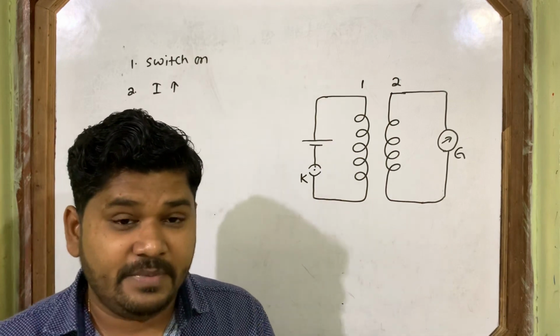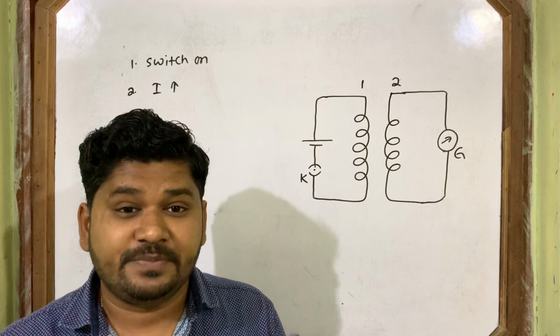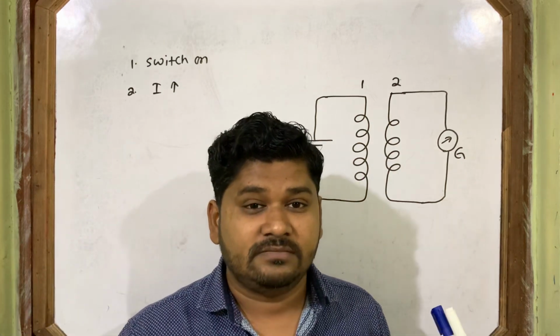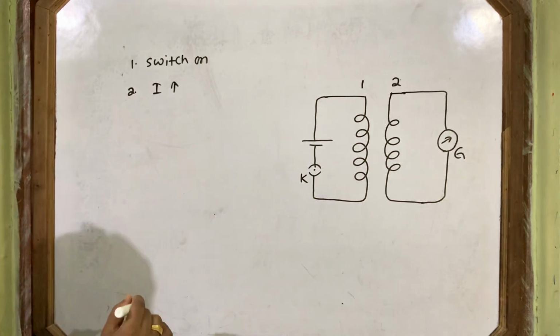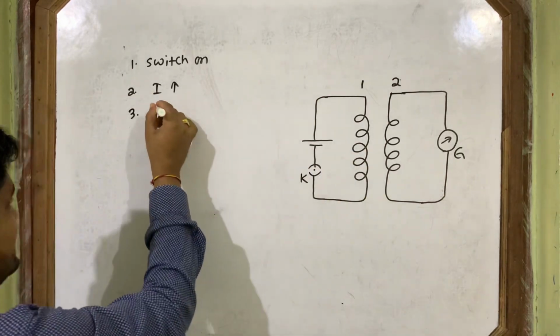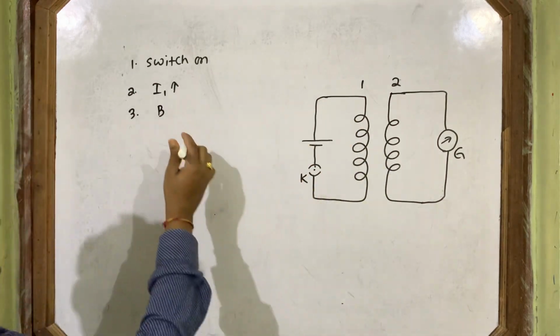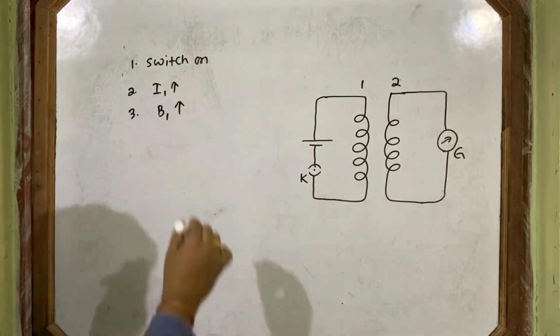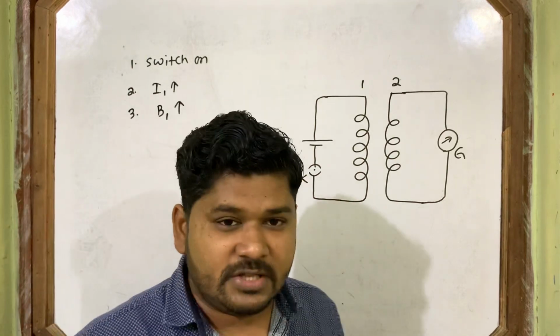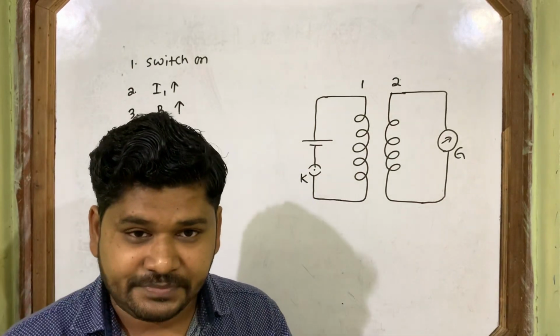The time may be very small, maybe 1 nanosecond, but we'll discuss the physics behind that later. So current increases. I am writing this current I1 because this is the first coil. The magnetic field also increases. The coil behaves like a magnet.